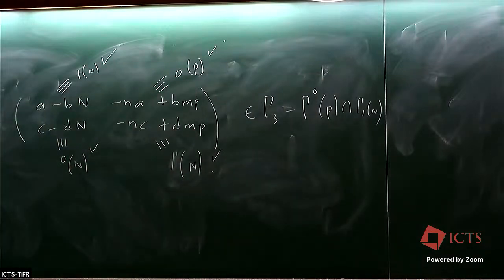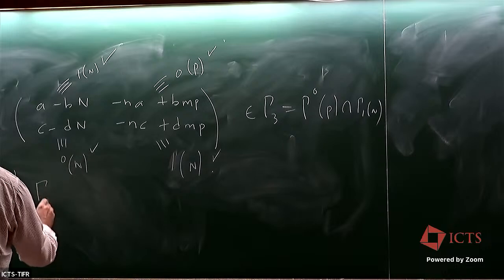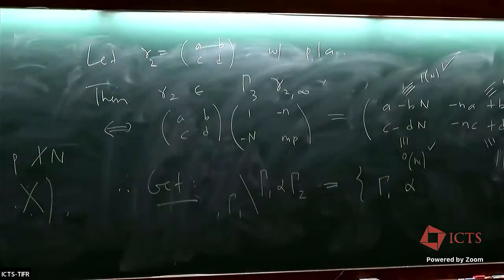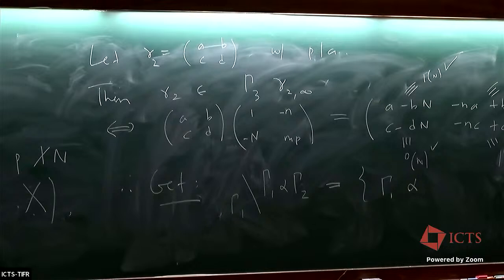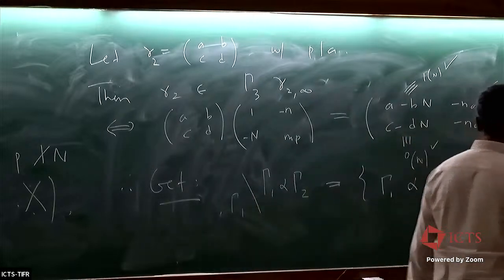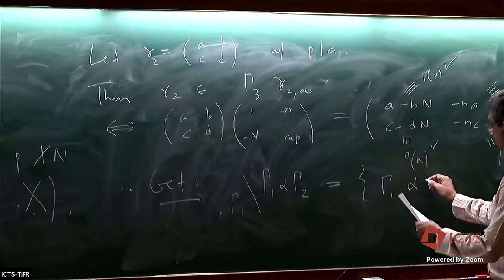So putting all this together, let me just sort of rewrite this. Gamma 1 alpha gamma 2 equals gamma 1. Okay, so we found the coset representatives for gamma 2 mod gamma 3, and that's the little gamma 2j's and gamma 2 infinity also. But now we want to multiply on the left by alpha to get the coset representatives of the double coset. To break this double coset into single cosets, we just multiply by alpha on the left.